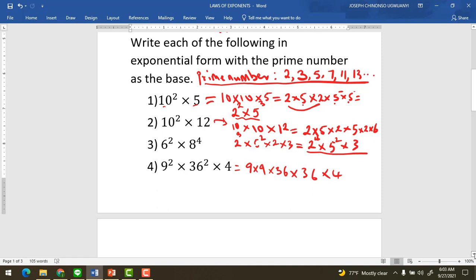So we have 3 times 3 for the first 9. 3 times 3, second 9. Then times, we have 6 times 6.